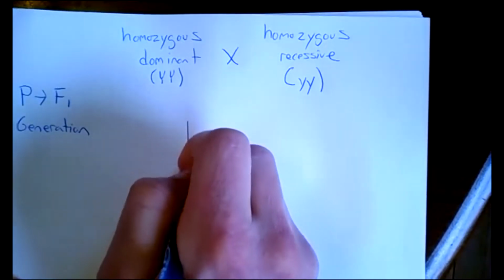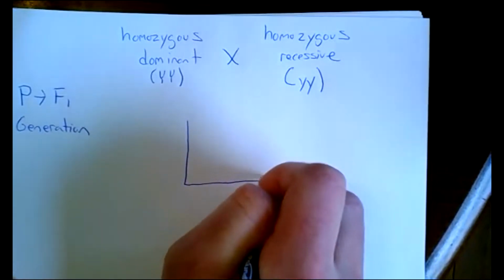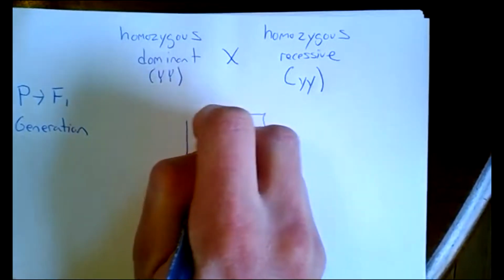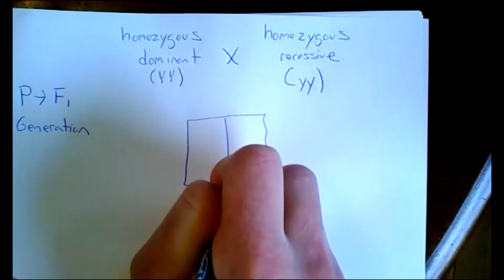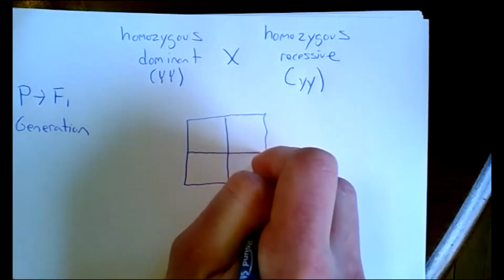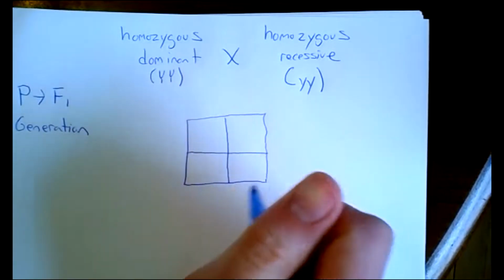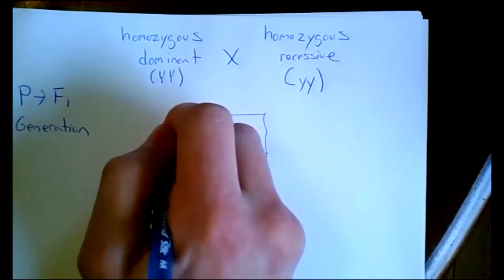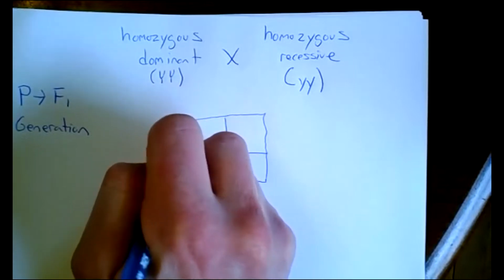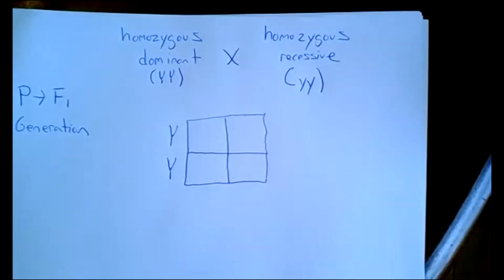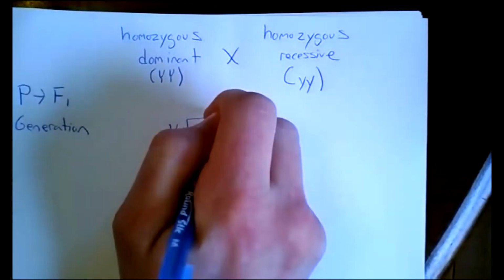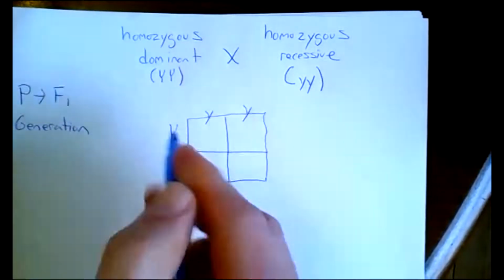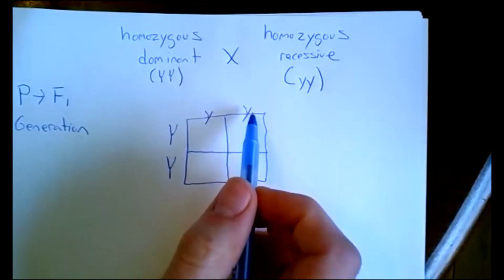And to do that, we use the famous Punnett square as a tool for us to understand what's going on here. So it's a 4-box setup where you're going to take the alleles of the parents and place them on the outside of the Punnett square. One parent on one side, one parent on the other.